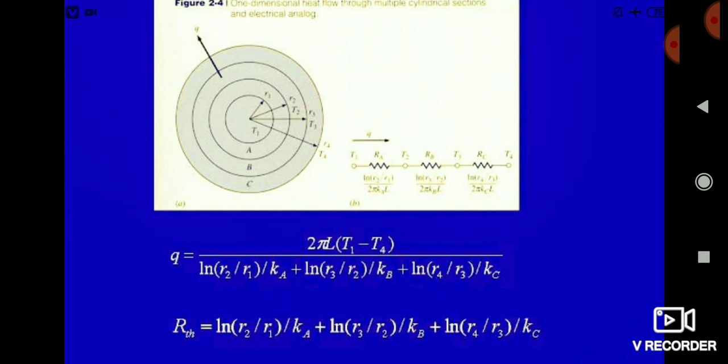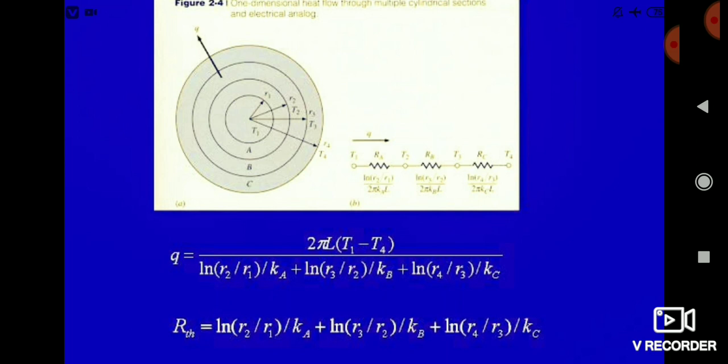So you can take 2 pi L as common in all the cylinders' resistances and put it in the numerator: 2 pi L into (T1 minus T4). Friends, T1 is the internal temperature of the innermost cylinder, and T4 is the external temperature of the outermost cylinder.